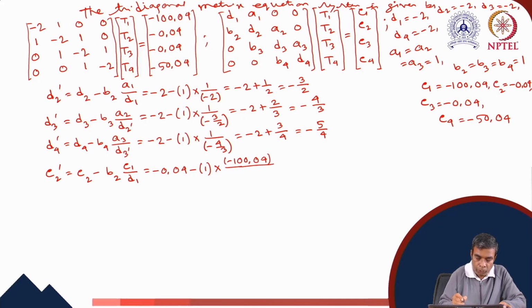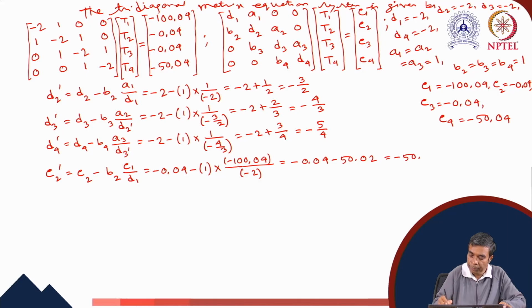At the bottom we have D1. So D1 is minus 2. So this gives us minus 0.04 minus 50.02. So this gives us minus 50.06. Next we have C3 dash.